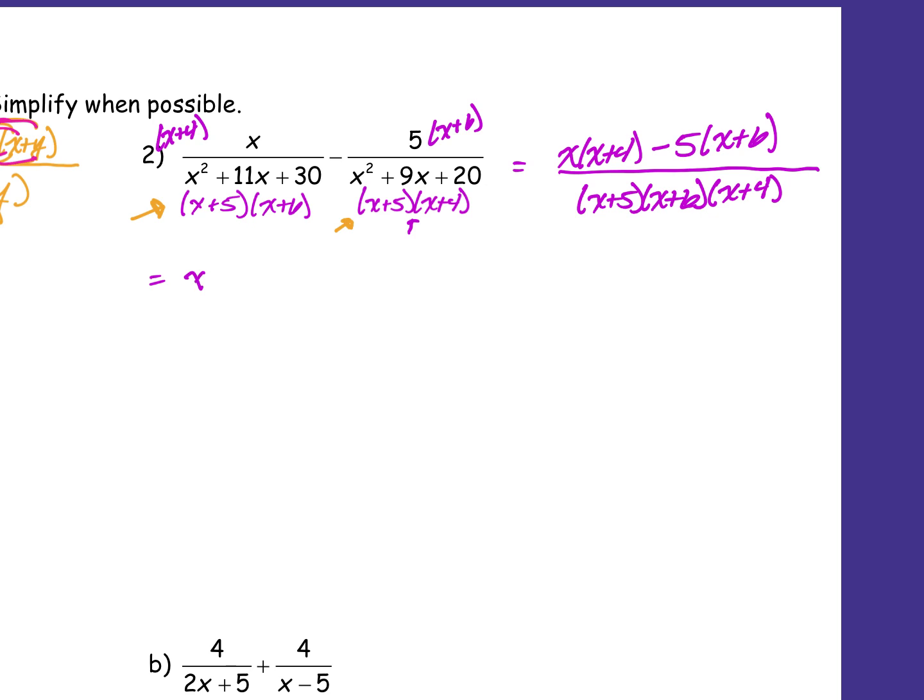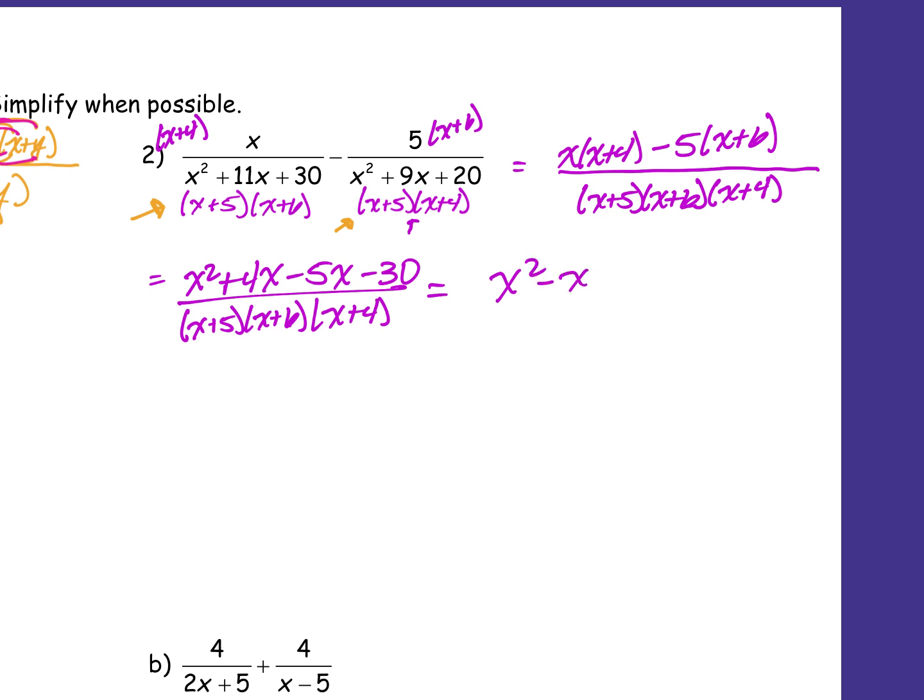So we've got x squared plus 4x minus 5x minus 30 all over x plus 5 times x plus 6 times x plus 4. And this simplifies to x squared minus x minus 30 all over x plus 5 times x plus 6, this is the long part, is having to write it all out.